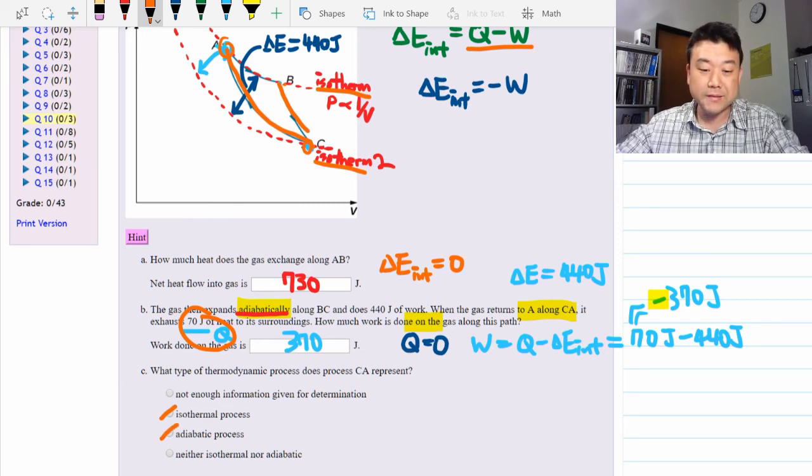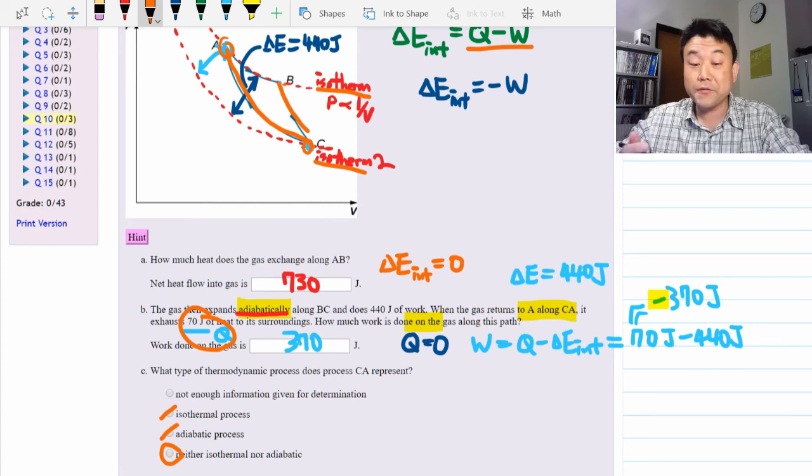That means it's neither isothermal nor adiabatic. Yes, that's possible. A given thermodynamic process doesn't have to be any one of those four special named ones. Those four special named ones have special constraints that make those particular processes easy to analyze, but this one happens to be none of those.